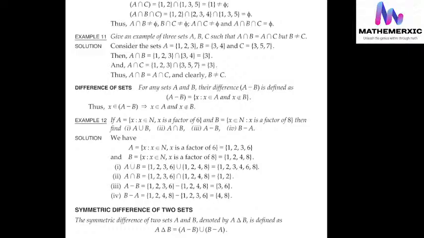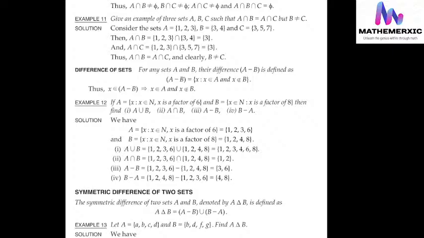Give an example of three sets A, B, C such that, then A intersection B, consider the sets. I mean, take an example here.